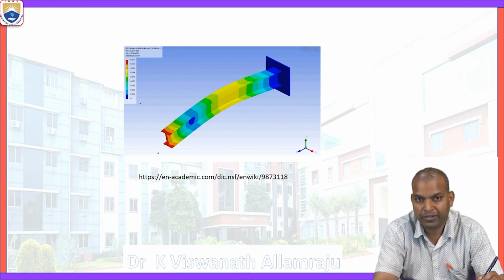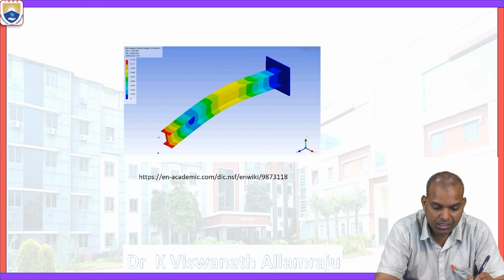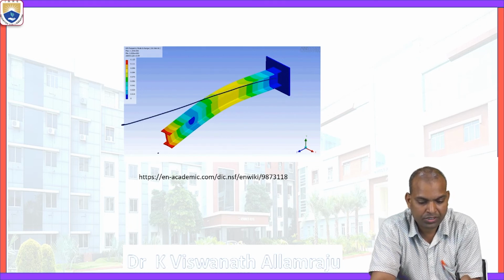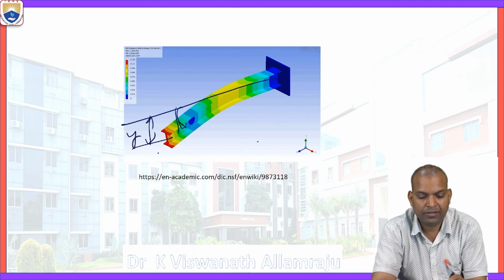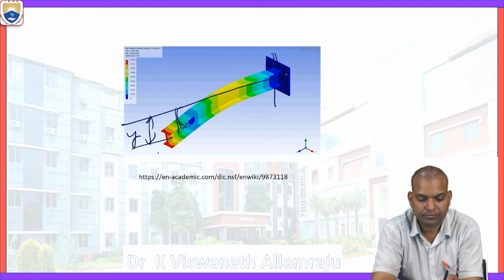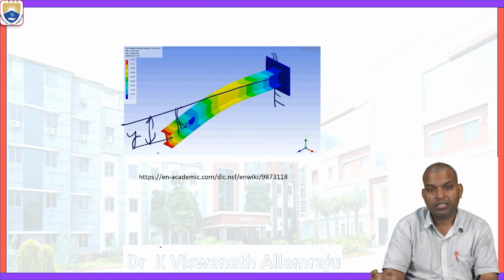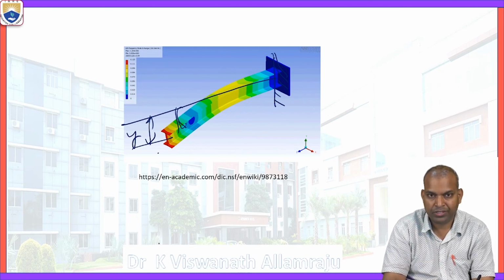Those are known as mode shapes. Here I am going to show you what a mode shape looks like. Instead of straight, the deflection took place. This is a cantilever beam fixed at one end. Those are known as mode shapes: deformations that take place at different natural frequencies.